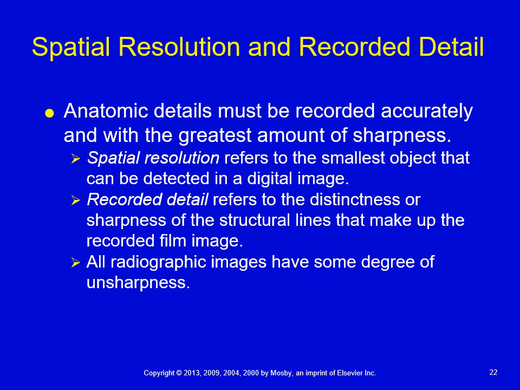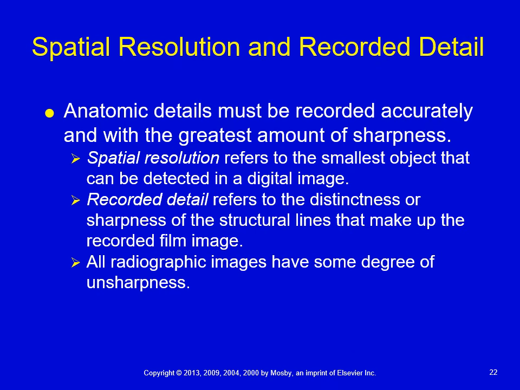If they're nice and crisp, we have good recorded detail. If they're fuzzy and blurry, we have poor recorded detail. Maybe you saw some of this in your lab as you were practicing with your VMC experiments.